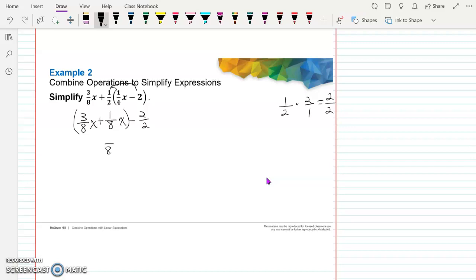So our common denominator is 8. 3 plus 1 is going to give us 4/8 x minus, let's go ahead and simplify 2 over 2 as 1. And then I also noticed that I've got 4 over 8 here that can be simplified. So 4 over 8 simplifies down to 1/2 x minus 1.